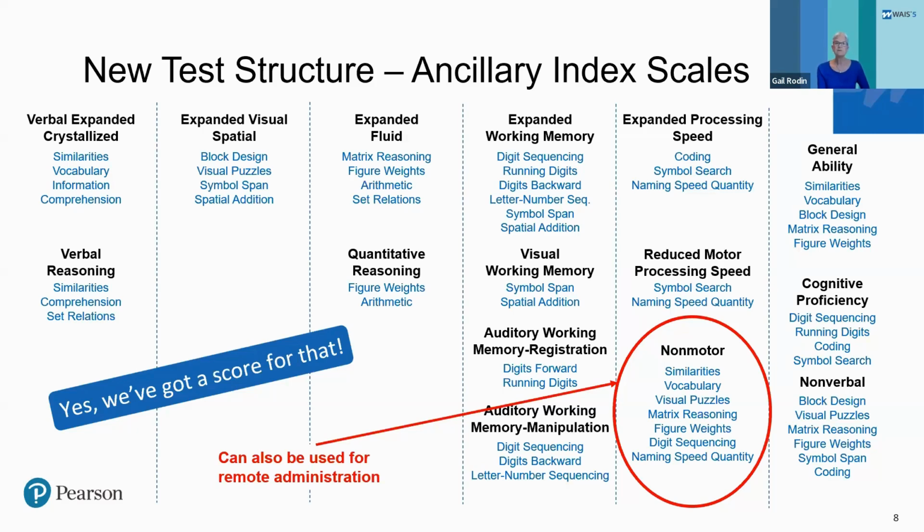And they help with doing the general ability tasks more fluently, more quickly, and more easily, okay? But they can also be measured on their own to see if they're having an effect on general ability or on full-scale IQ. Finally, we have a nonverbal ancillary index scale, and this is great for folks with language disabilities, those for whom English is not their first language, and other things that might interfere with their ability to do linguistic tasks.